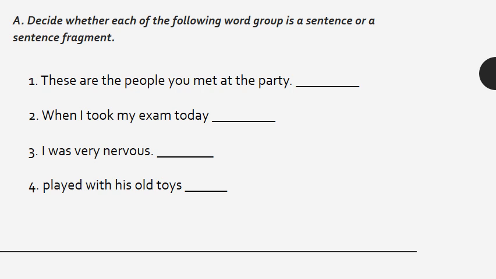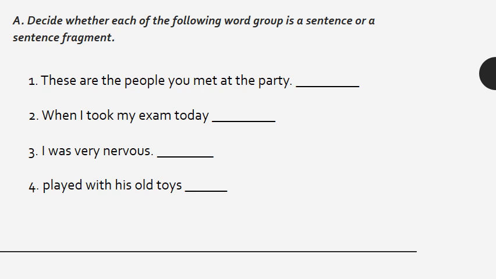Number one, these are the people you met at the party. First of all, ask yourself, who am I talking about? These people. So I have a subject. What am I telling about these people? These are, is a verb here. So I have a subject and a verb.